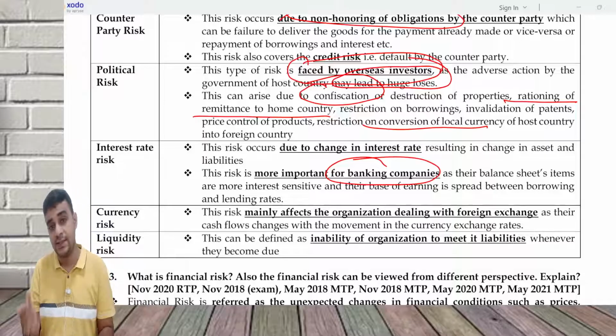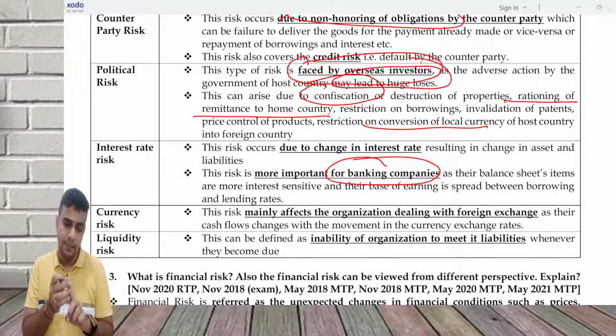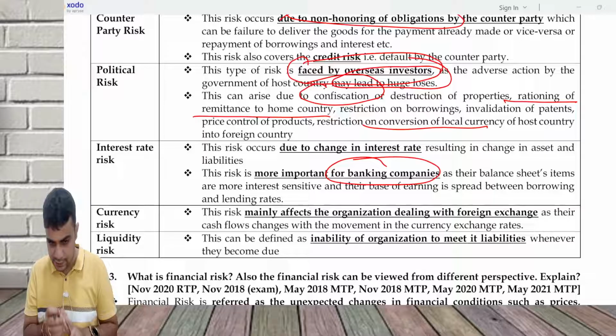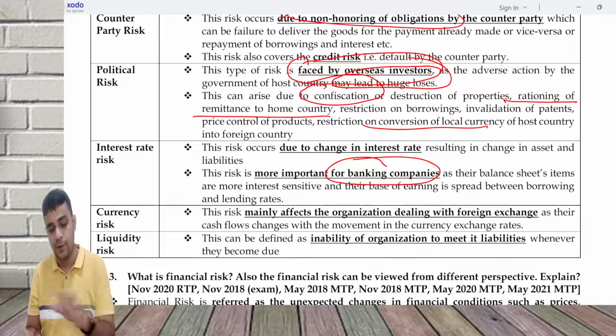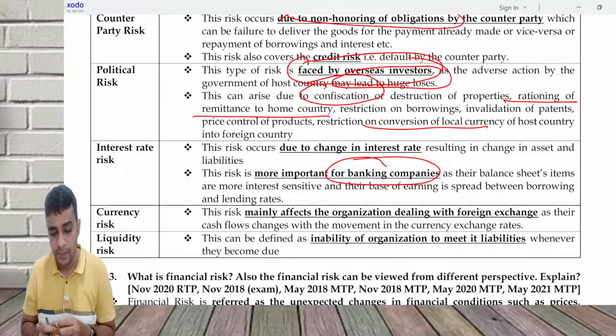Currency risk. Currency risk is normally faced by an importer or an exporter, or if you have a foreign currency investment or a foreign currency borrowing. If you have either of these, the risk can come. Liquidity risk is the same as counterparty risk.